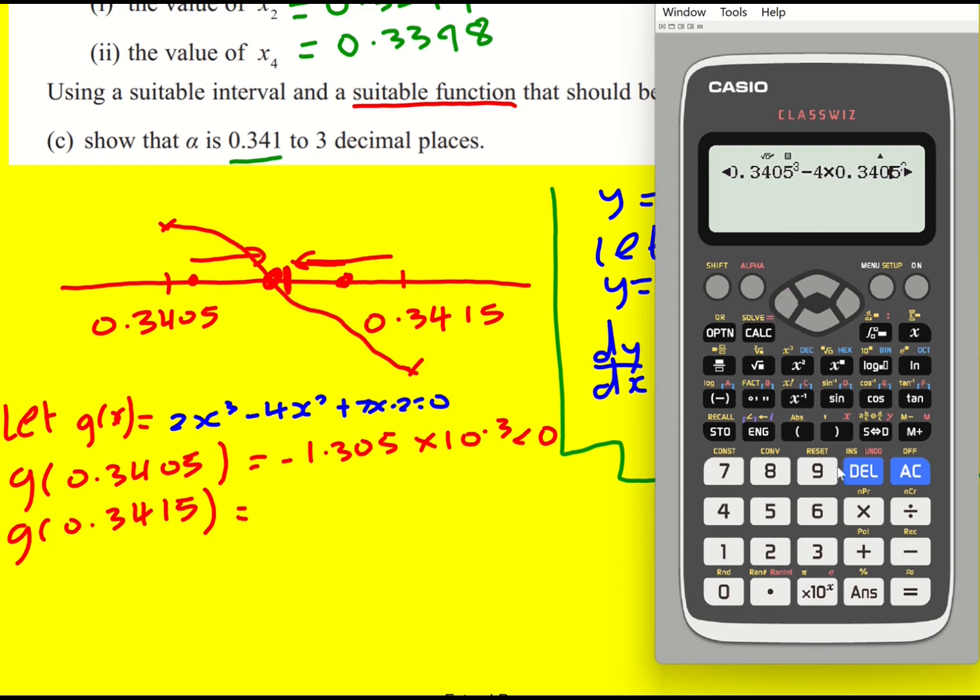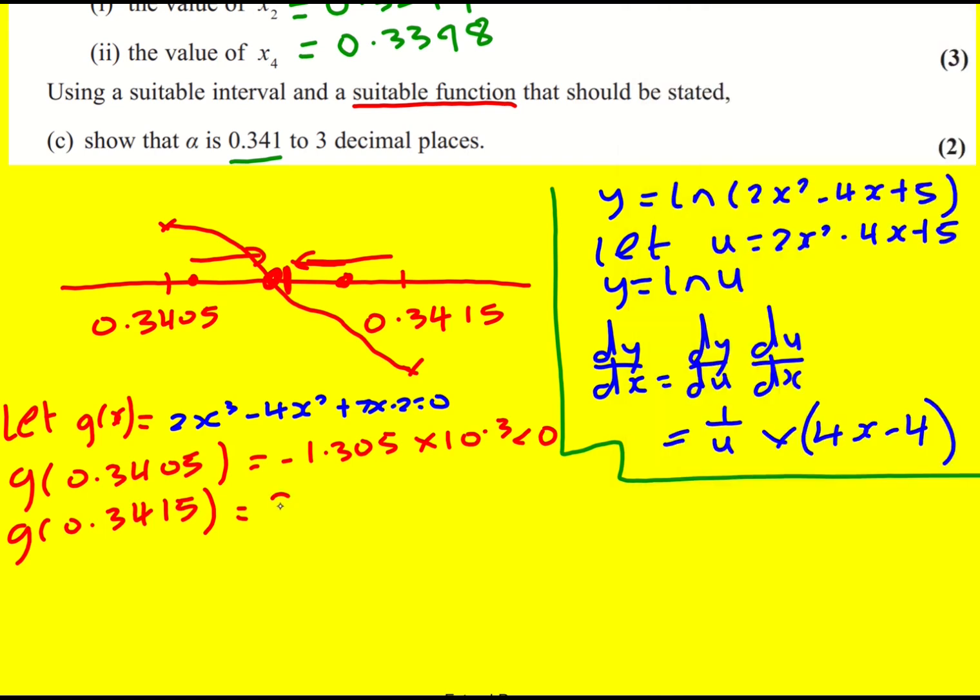Change the zeros to ones. Gives me 3.66 times 10 to the minus 3, which is greater than 0. Just have to write a conclusion now. So there's a sign change. One's negative, one's positive.